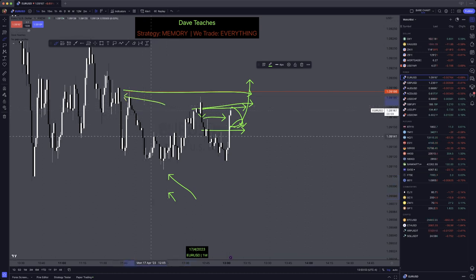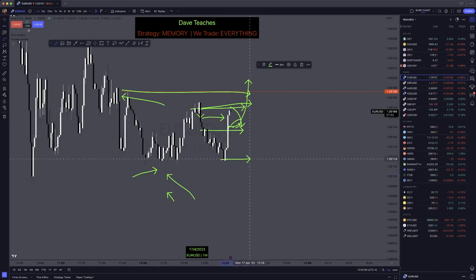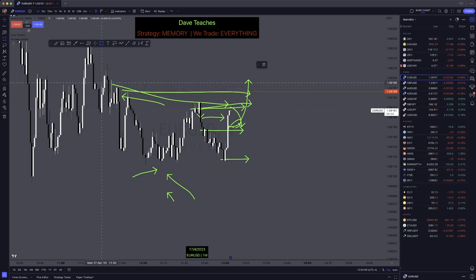We tapped into the zone, came to this low, did not violate it. So we could end up taking out these here and tapping back up into just the zone slightly above it here.